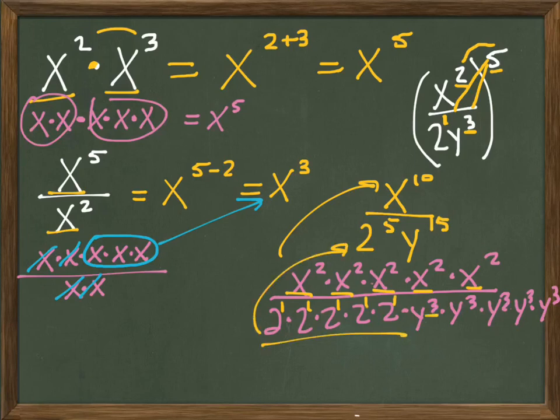And then 3 plus 3 plus 3 plus 3 plus 3 is 15, where that comes from. So when an exponent is raised to another exponent, we multiply the two exponents together. All right, so those are the basic properties of exponents. And I'll show you some more examples of actually doing some problems where you would use these properties.